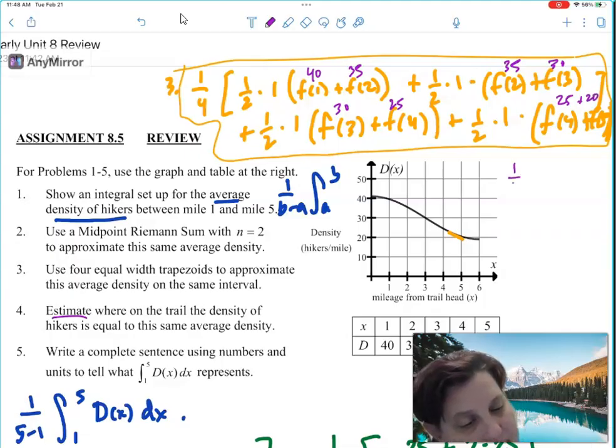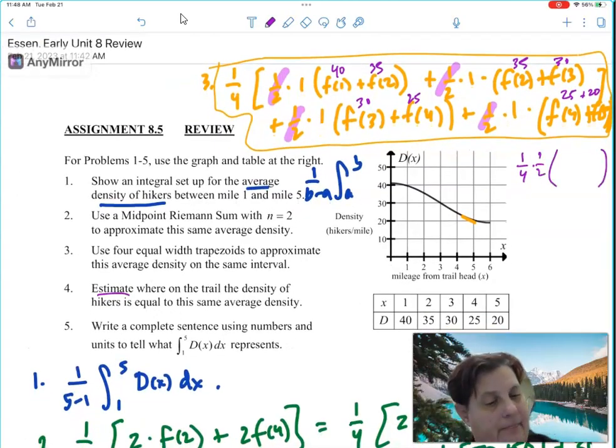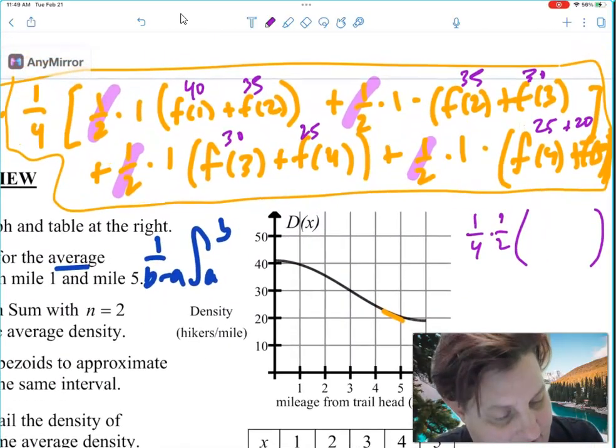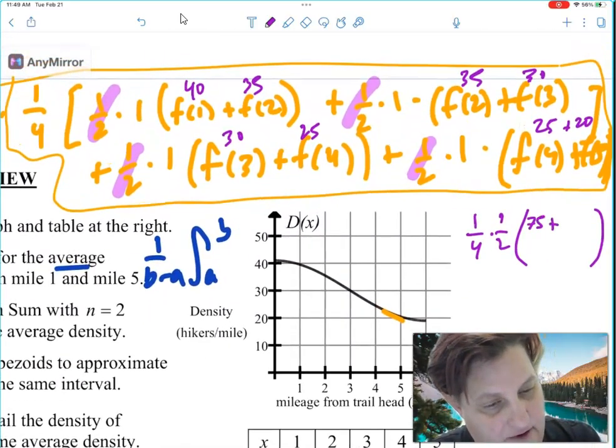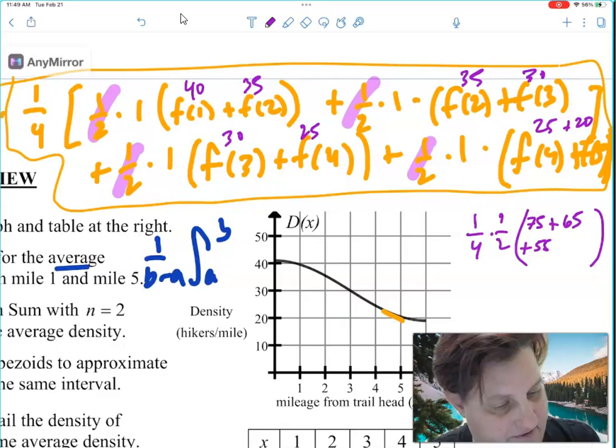If I put the 1/4 out front, and I factor out a 1/2 from everything, then on the inside I'm going to get 4 numbers. 40 plus 35 gives me 75. 35 plus 30 gives me 65. 30 and 25 gives 55.